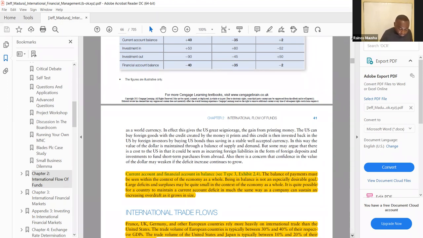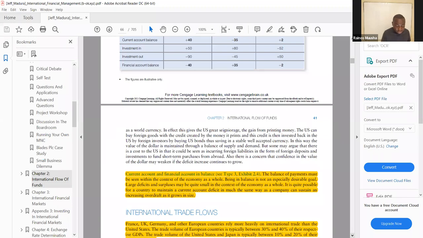It is quite possible for a country to maintain a current account deficit in much the same way as a company can sustain an increasing overdraft as it grows in size. So you can also have a situation where they're in balance, but it's not really that desirable, mainly because it means you are not able to achieve a lot of economic growth when your current account is in balance, ideally.